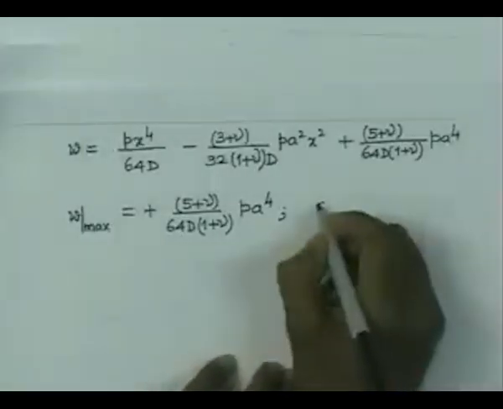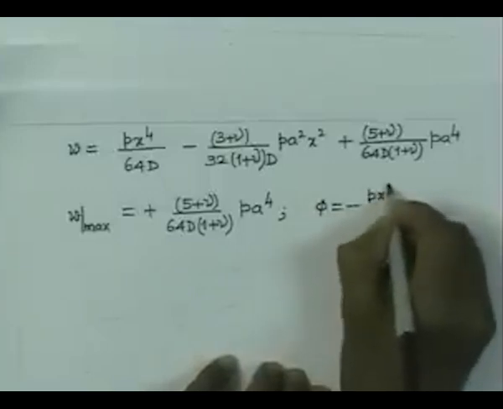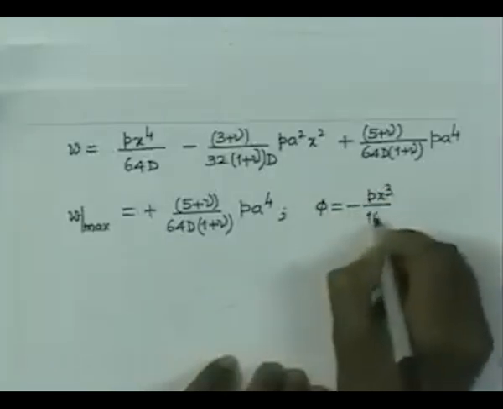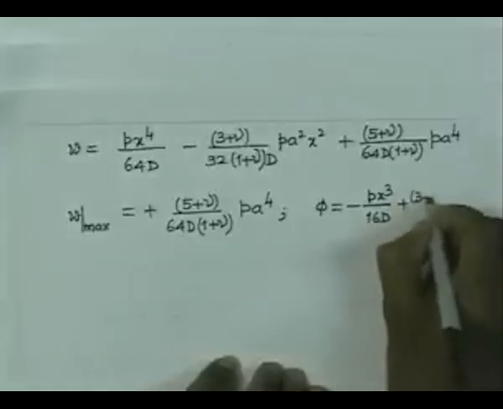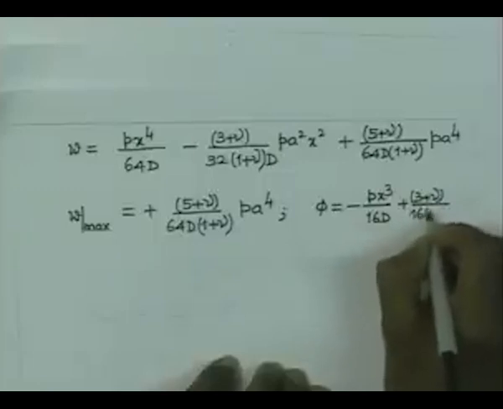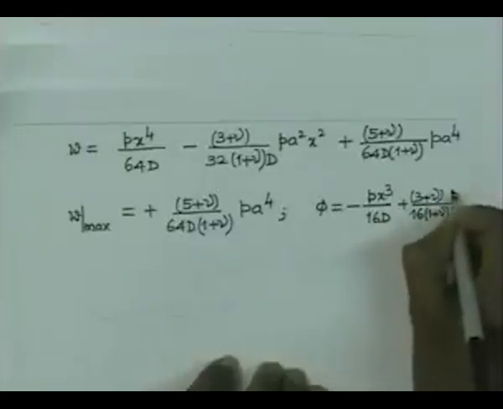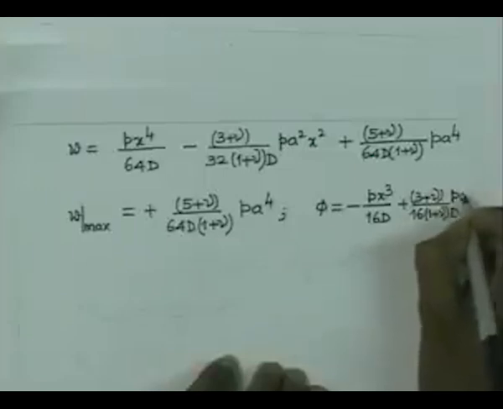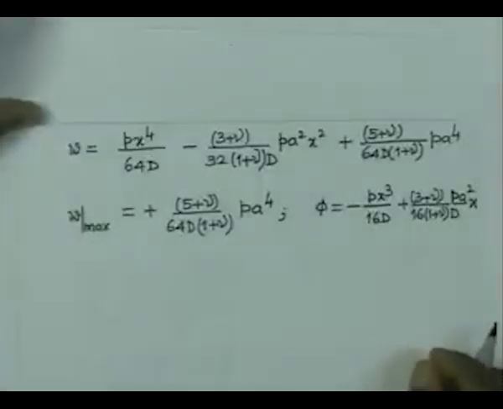And the value of phi is now p x cubed by 64 D plus (3 plus nu) by 16 (1 plus nu) D into p a square into x. So, that is the value for phi.